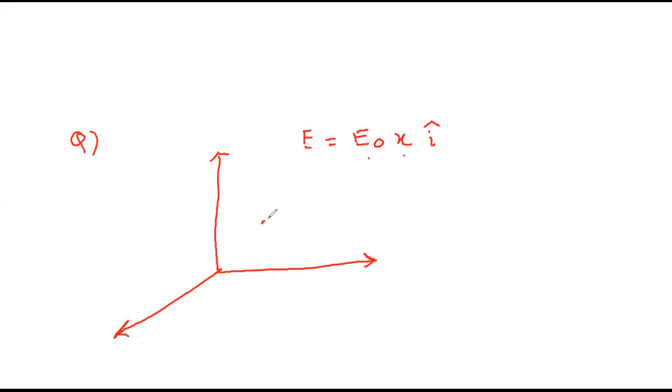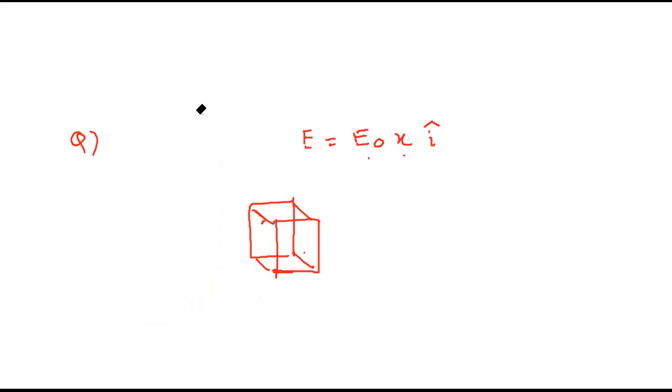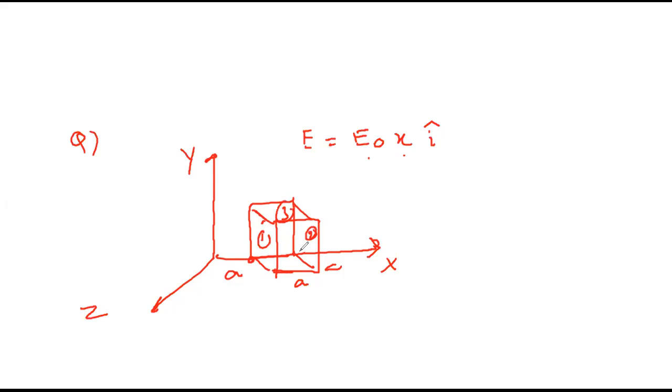So suppose this is a cube. Its side is at a distance of A, and this side is also A. So one face, second face, third face, fourth face, front and back, 5 and 6.